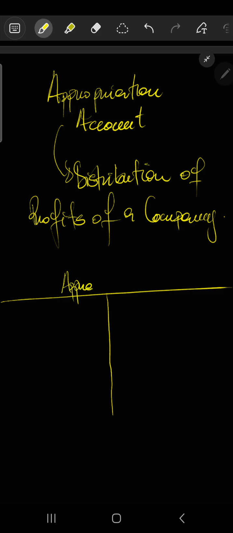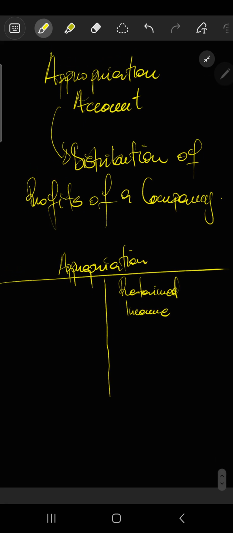Appropriation. So on the credit side, you would have profits from previous accounting periods that we called retained income. And then the other profits that you are going to have are profits from the current year.